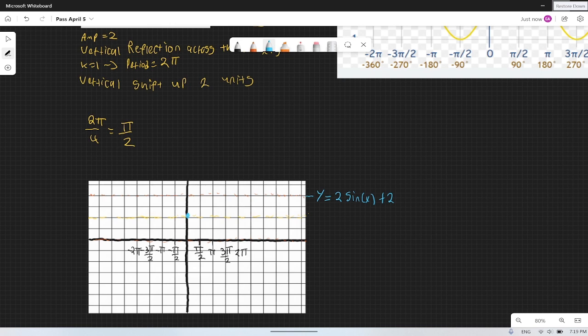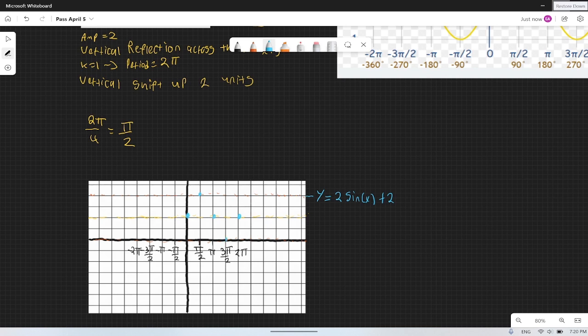It starts at this point, and then so 1, 2, 3, 4. That's our period, is 2 pi. That's why I like having it divided in quarters. So it starts at the midpoint and ends at the midpoint, and then also halfway between it also reaches that point. And then a quarter into its cycle, it reaches its max, and then 3/4 in reaches its min.